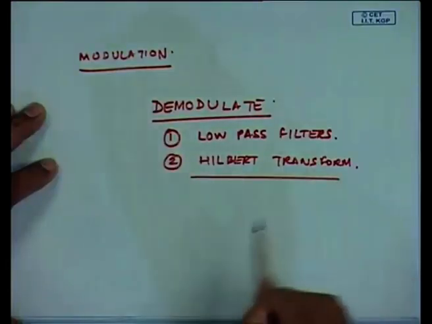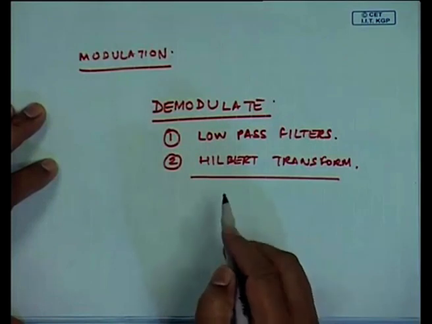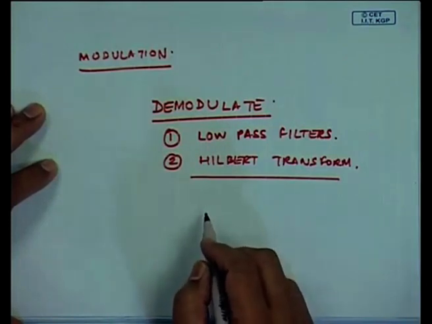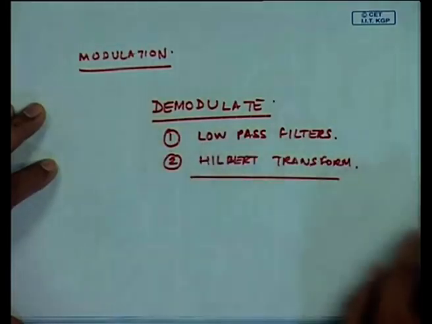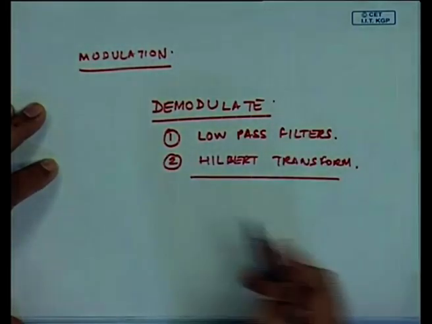That is one way, wherein just by analog filtering we can do some sort of demodulation. But now there are well established digital signal processing techniques using the Hilbert transform, which will demodulate the signal to find out its envelope.